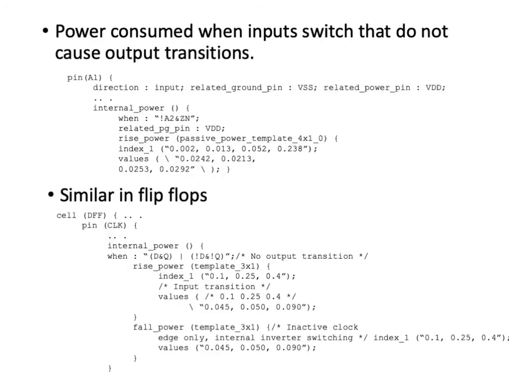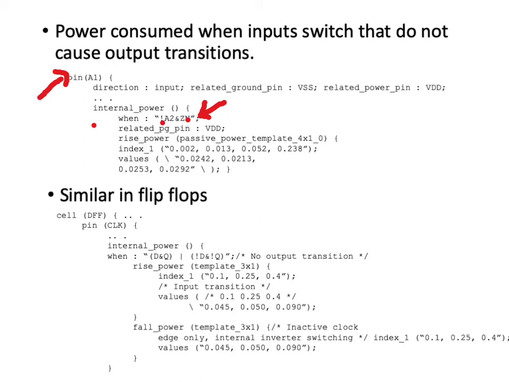And now we will proceed to ask the question, how does the dot liberty file also permit us to specify dynamic switching power associated with the short circuit current for input transitions that do not lead to output transitions? Again, the dot liberty file provides this format, and the only difference is that you specify a when condition, and here the condition states, under the definition of the input pin A1, that this internal power is consumed when a second input pin A2 is set at 0 and the output pin Zn is set at 1.